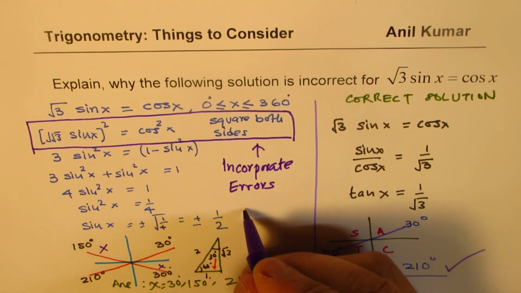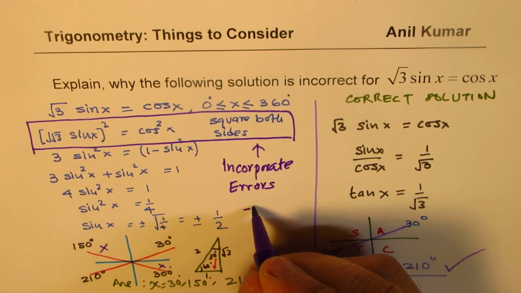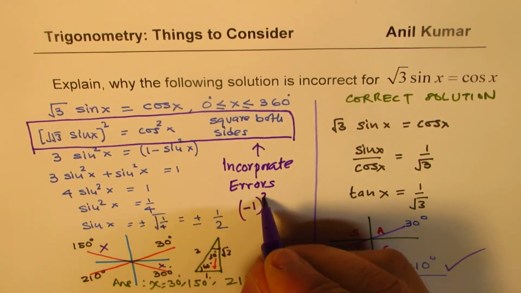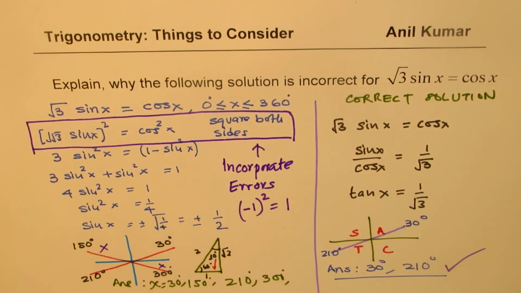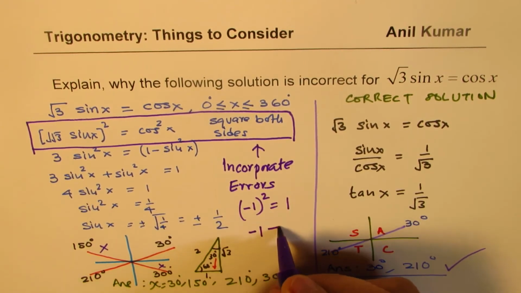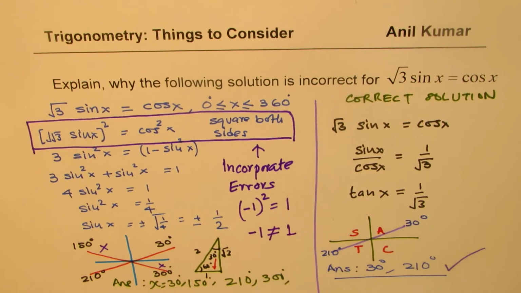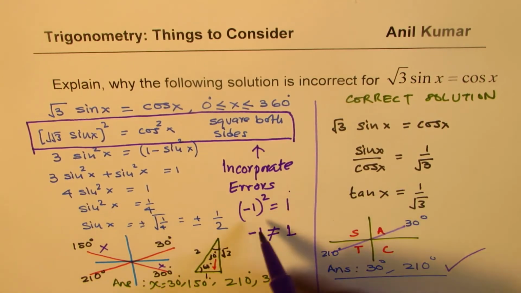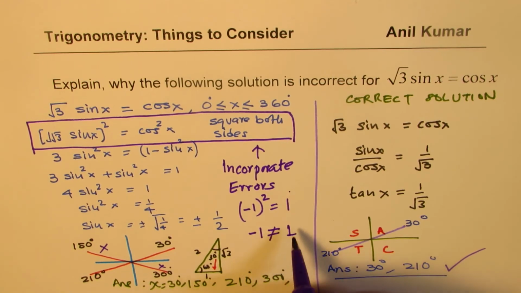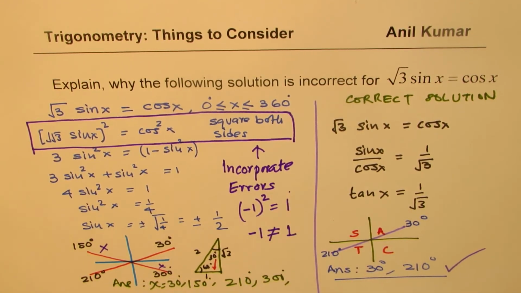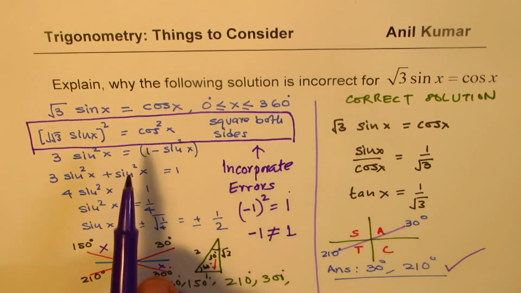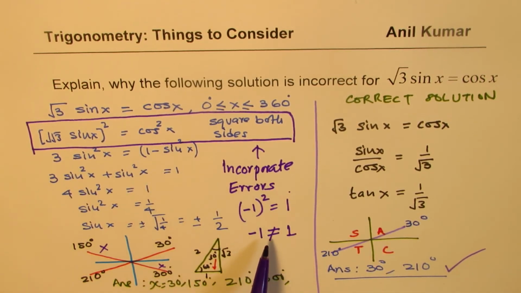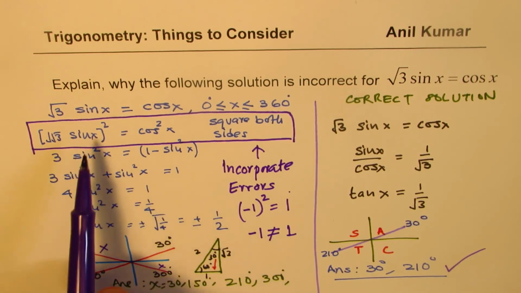The reason is that if it is minus 1, when you square it, it becomes positive 1. But minus 1 is not equal to positive 1. You get the idea, right? So if I go from this side up, we are making a mistake. So this is very critical. Whenever you square, you have to look into what could go wrong.